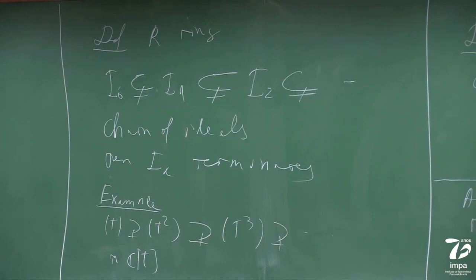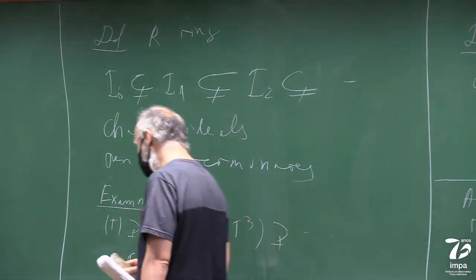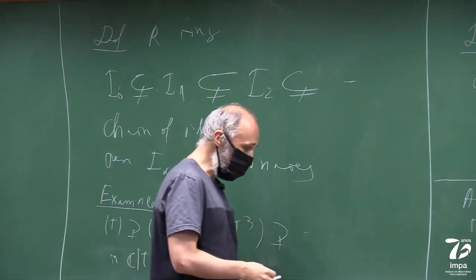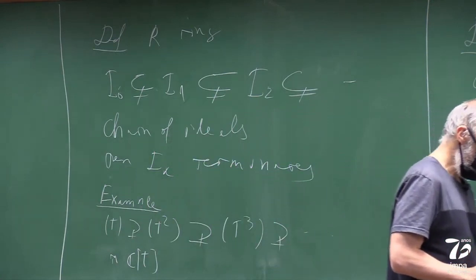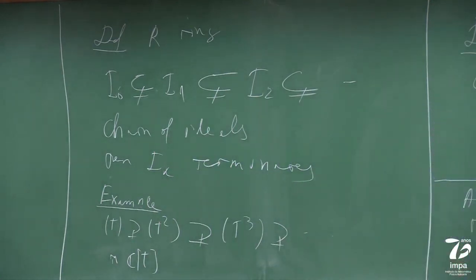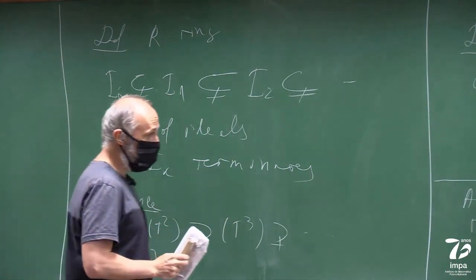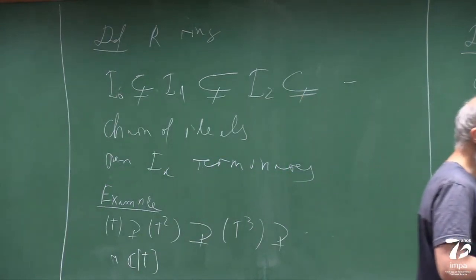And still it's sort of not obvious how to construct a non-Noetherian ring, because 90% of the rings you can deal with are Noetherian. In particular, polynomial rings are Noetherian. As you will see today, finitely generated rings are Noetherian, and so on.